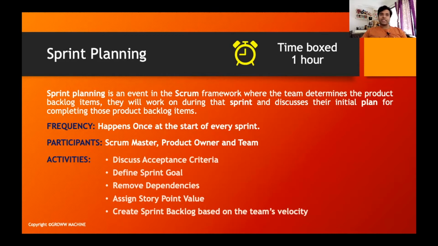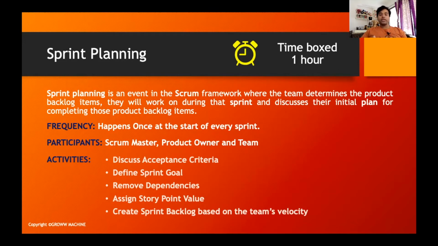We also do sizing, that is, assigning a story point value. Nowadays there is a combination of sprint planning where people also include the sizing. So whatever you're seeing over here is a mix of the theoretical and the practical.